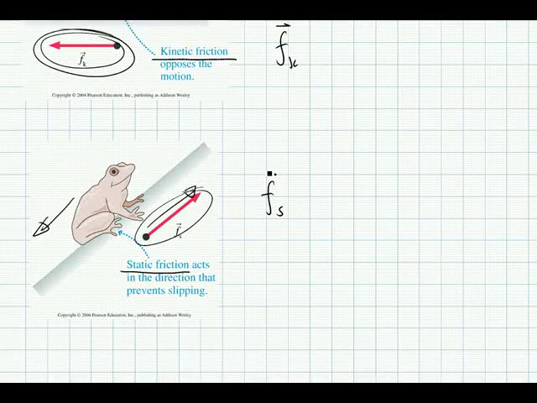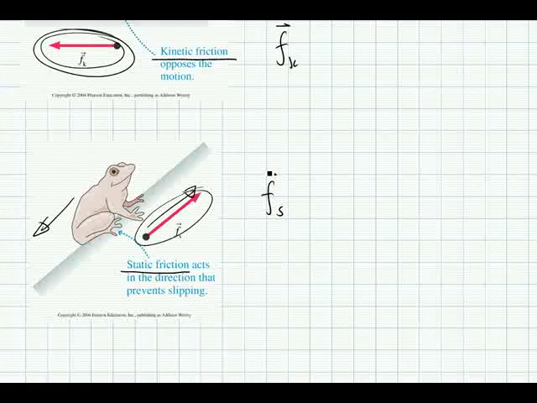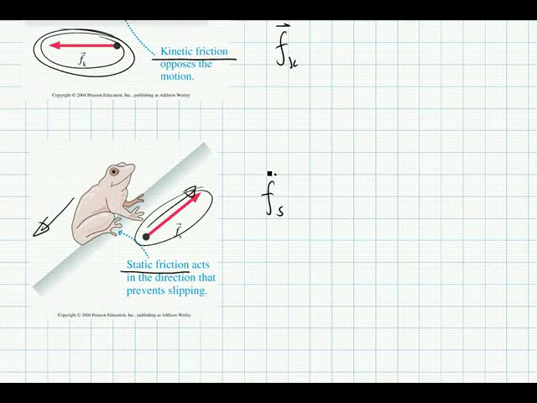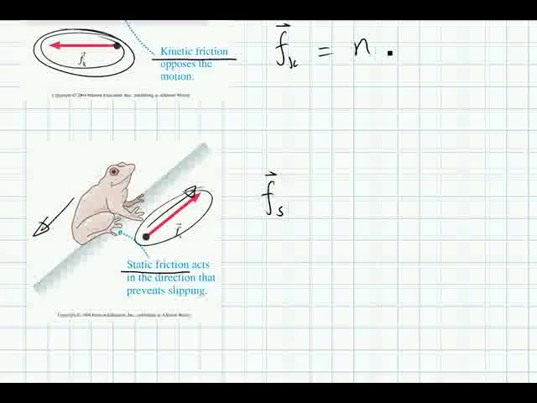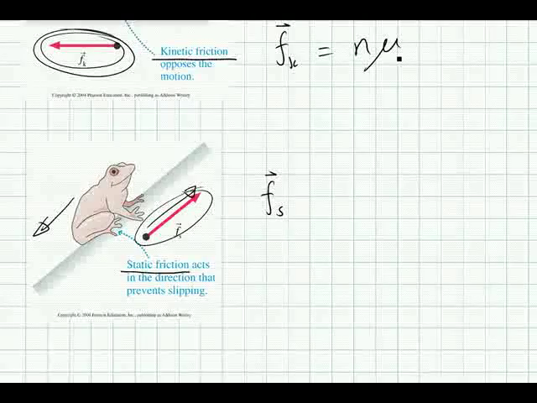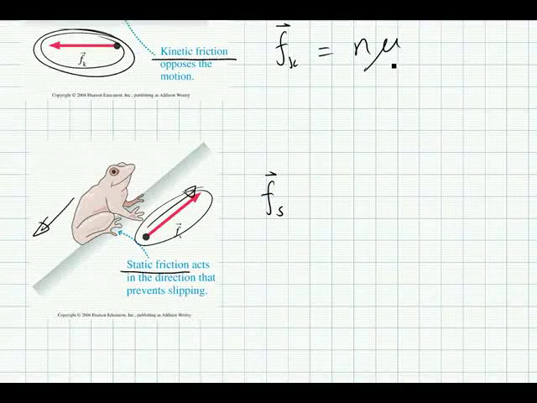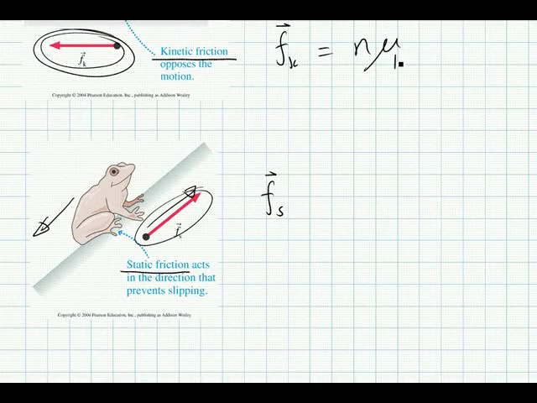We're going to cover this in the next chapter, but let me just give you a brief preview. The magnitude of kinetic friction is given by the normal force times the coefficient of kinetic friction, and this coefficient is a number between 0 and 1.